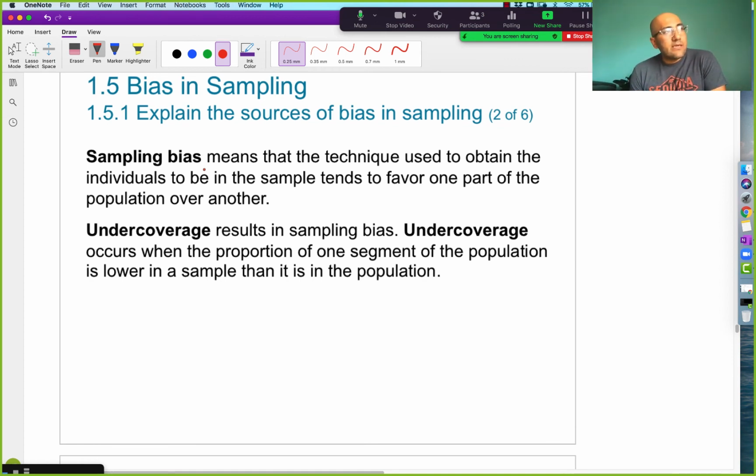Or maybe in order to be a member of my sample, I ask everybody to come to the theater at 8 p.m. on a Monday, and we're going to get everybody together, and we're going to ask people questions and measure things, and you're going to be part of our sample. Well, again, you're creating a bias, because for some people it might be really difficult to go to campus at 8 o'clock at night, and for some people it's really easy.